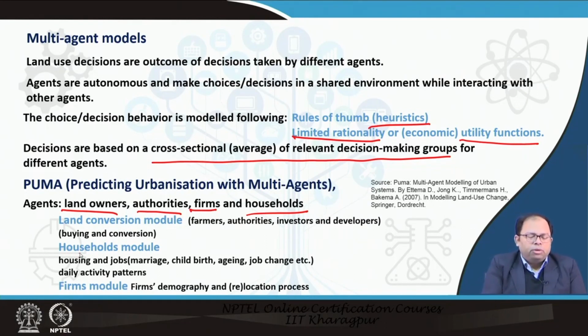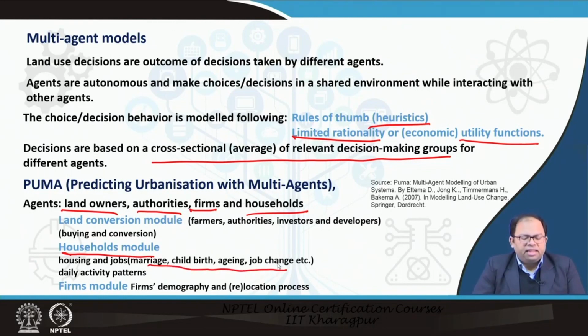Then there is the household module, where we look into their locations for housing and their locations for jobs. Here we also consider the transition of the households in terms of marriage, childbirth, aging, job change and so on. We track this, and the daily activity patterns are also determined, based on which we can determine the amount of trips generated by each household. So this is the household module.